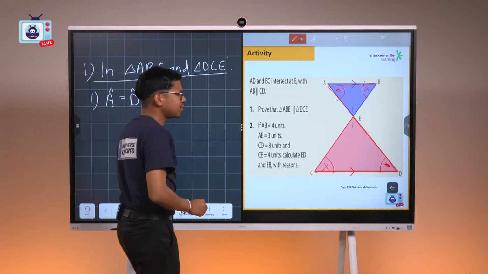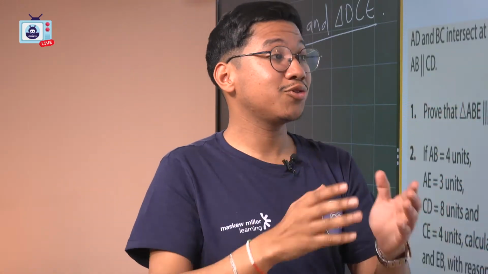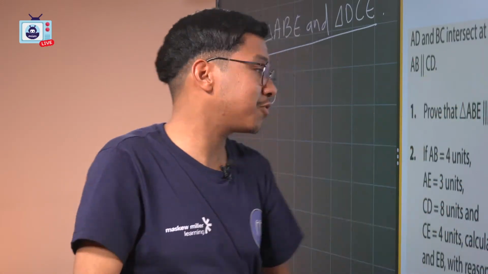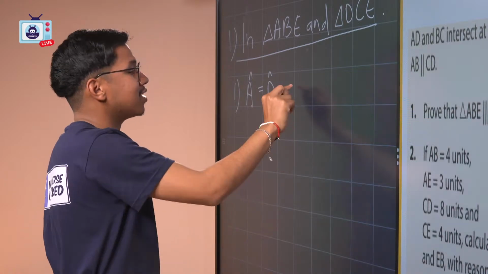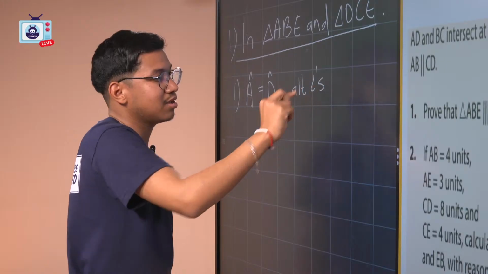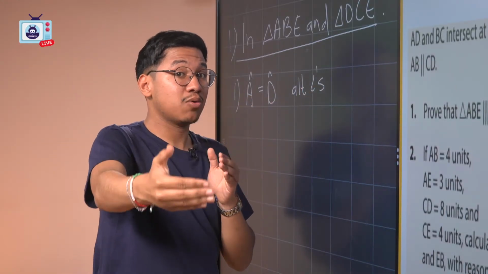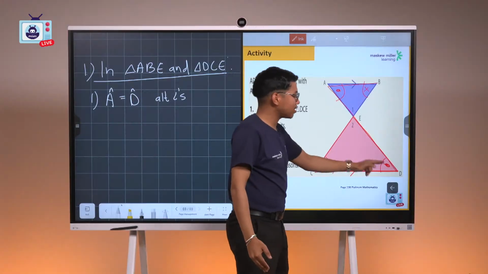Is my reason here given? No, it's not given. It wasn't given to me that it's equal. I needed to use something of geometry to prove they are equal. What have I used? I've used alternate angles. But remember, when I state what I'm using, I must say why. What makes these two angles here alternate?